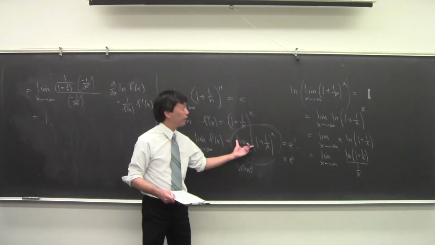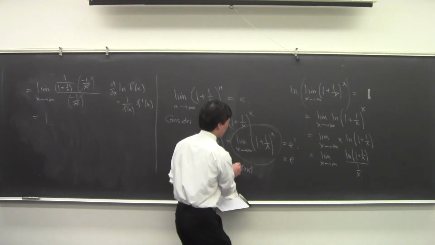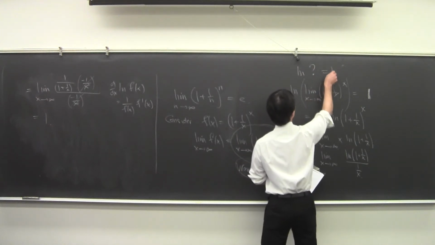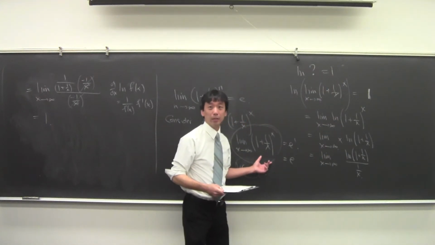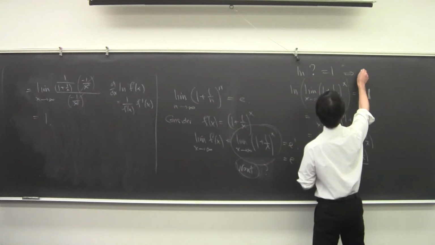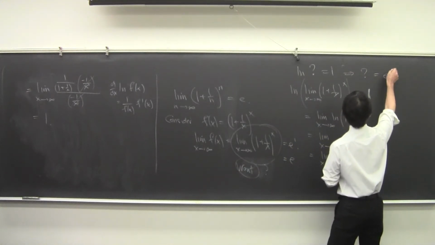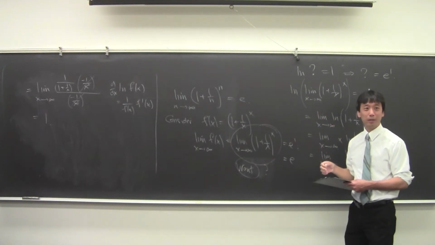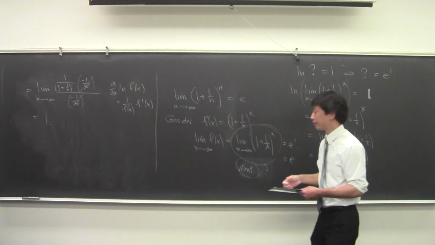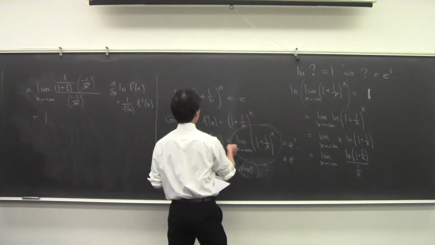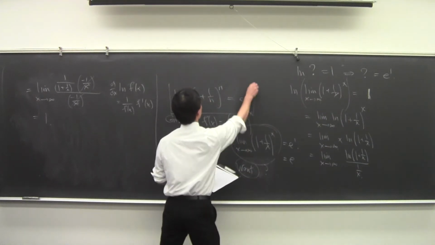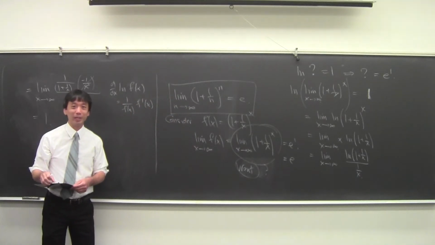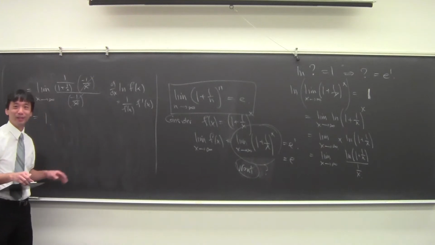The natural log of that thing we wanted turned out to be 1, so the thing that we wanted is going to be e to the 1. If its natural log is 1, then it must be e. Okay. So that's what we got. This thing turned out to be e. Julia, question? No? Good.